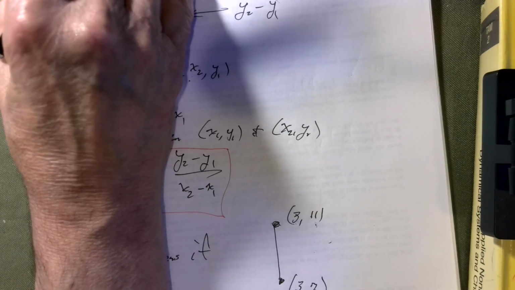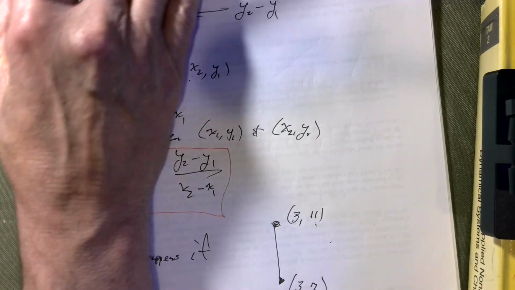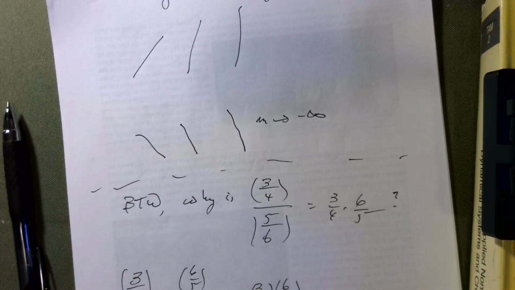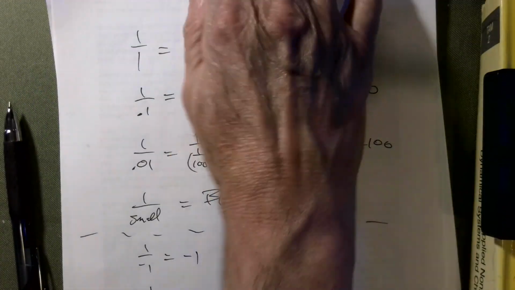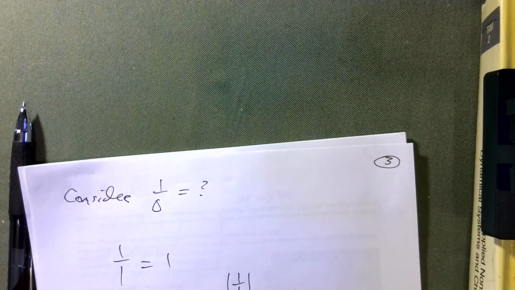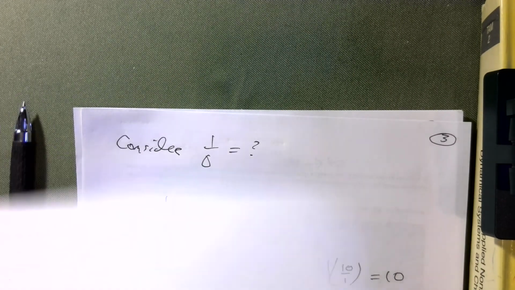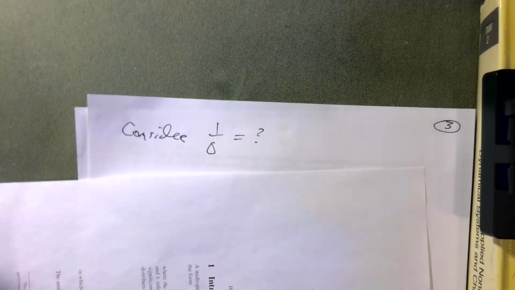The question comes up: why is it undefined? There are several ways to look at this, but I want you to think geometrically and mathematically. I have no idea how to calculate 1 over 0.